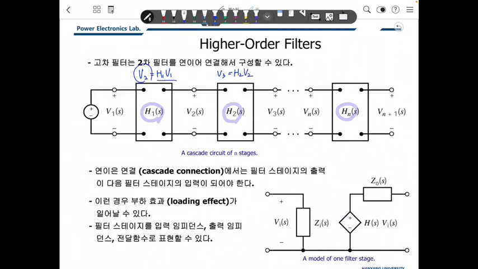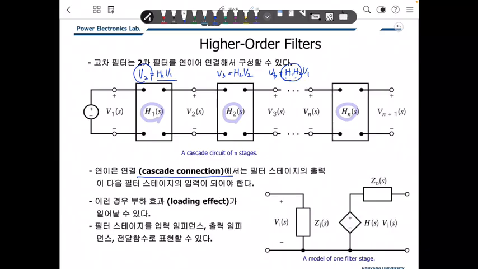Therefore, since V2 is that filter output, V3 will be H1 H2 V1. So this is a high order filter using that means. Do we call this a cascade connection of filters?